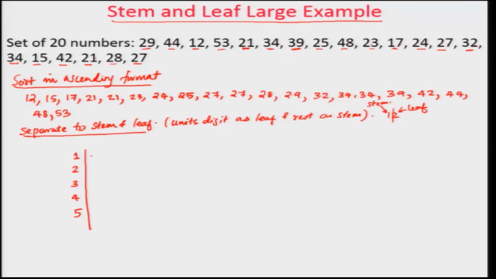And in 1 the leaves are 2, 5 and 7, and in the 2 the leaves are 1, 1, then you have 3, 4, 5, then 7, 7, 8 and 9. Then in 3 you have 2, 4, 4 and 9, and in 4 it is 2, 4 and 8, and in 5 it is 3.